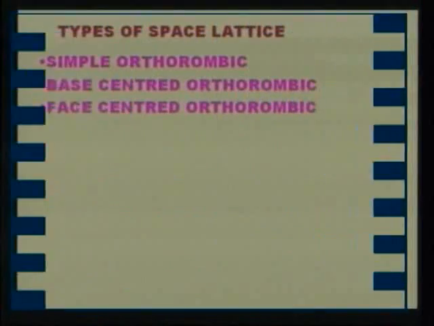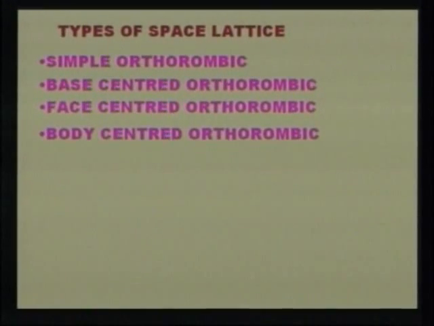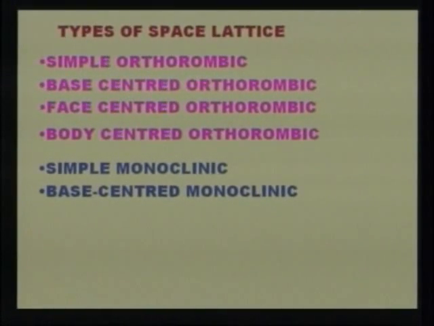Simple orthorhombic, base centered orthorhombic, face centered orthorhombic, body centered orthorhombic, and then simple monoclinic, base centered monoclinic, and the last one is triclinic. These are the types of space lattices.